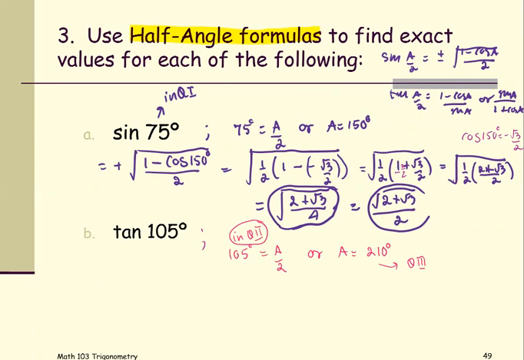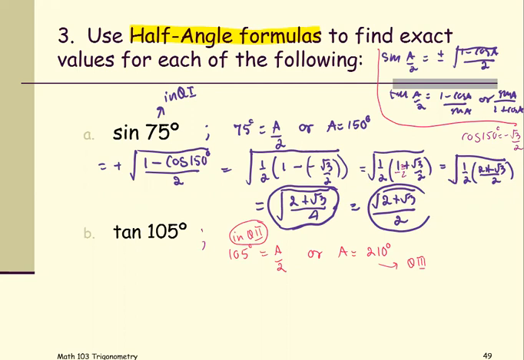For the second quadrant, the tangent is expected to come out negative. For the tangent of 105 degrees, we can use either 1 minus cosine A over sine A, or sine A divided by 1 plus cosine A, either one of them.